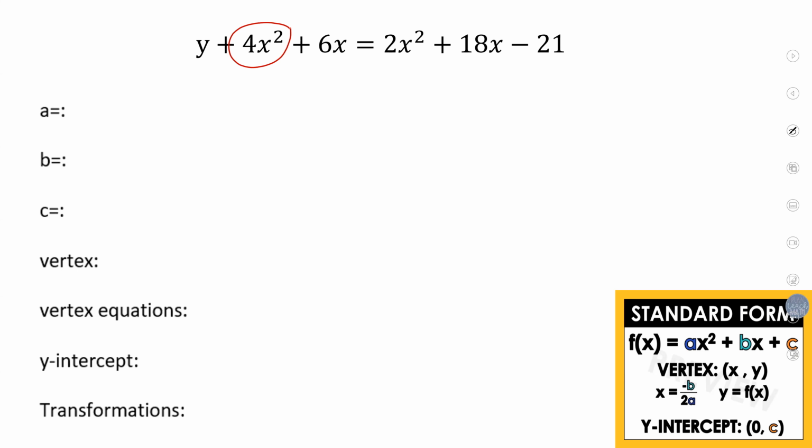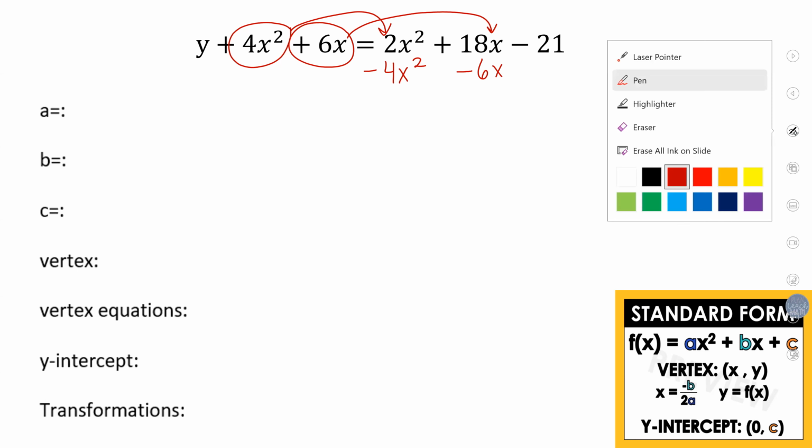All right, we're gonna move it over here. So now it will become a negative 4x squared. Everyone circle the 6x. Move it over here with the other x. It'll become a negative 6x.